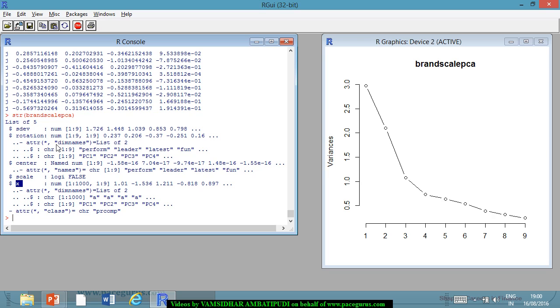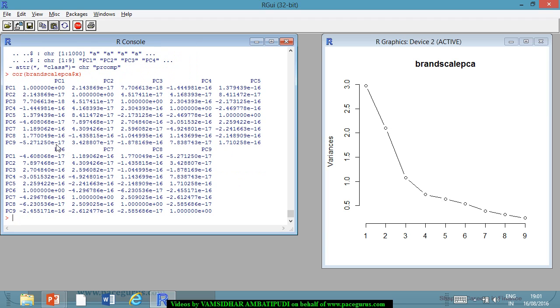And if required, if I look at the correlation that exists between these 9 components, I'll call brand scale PCA $X, which are my 9 columns of data. I could see that the correlations are almost zeros, which means there is no interrelationship existing between the variables at all.